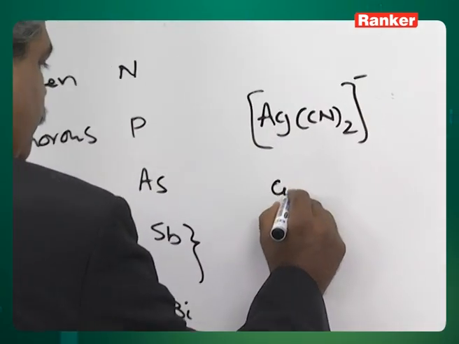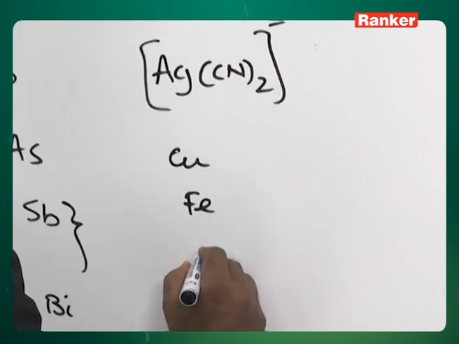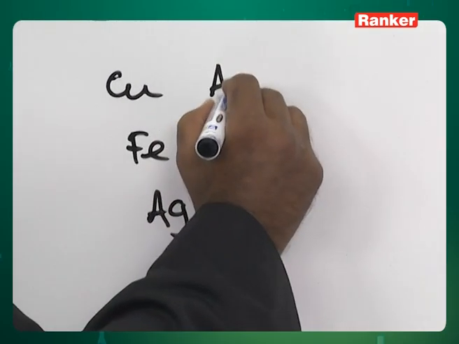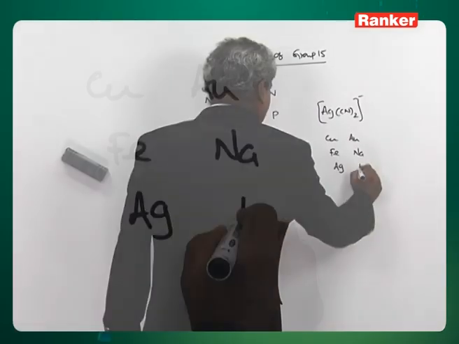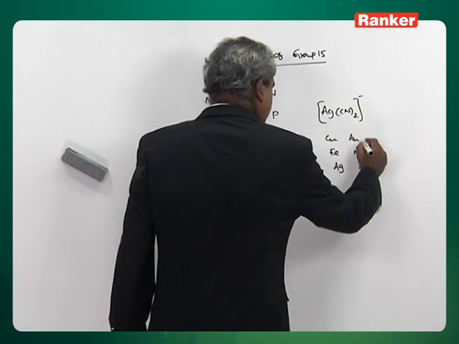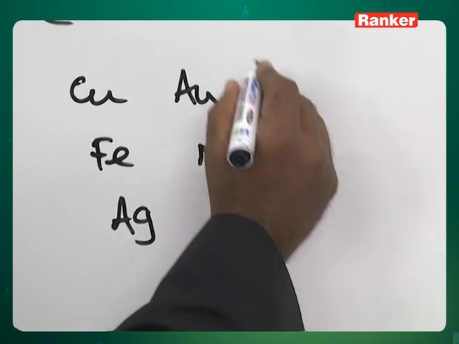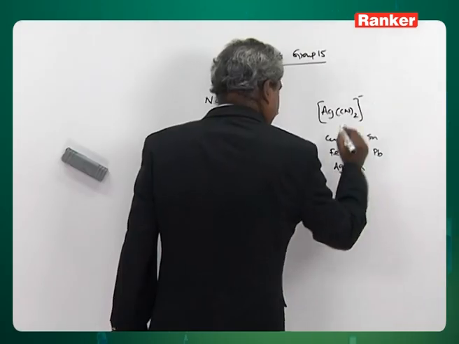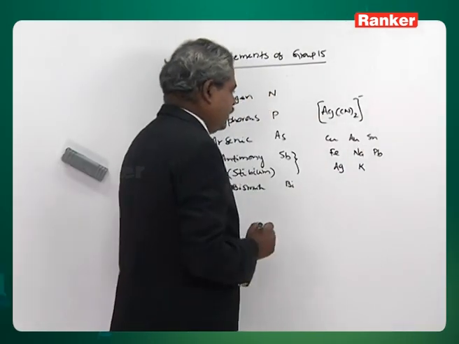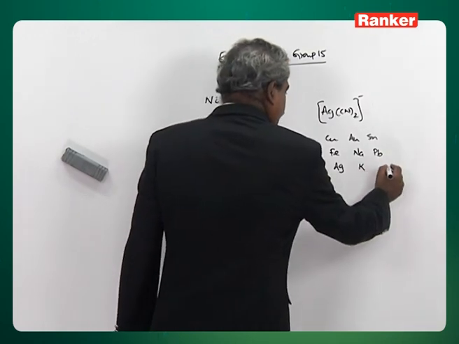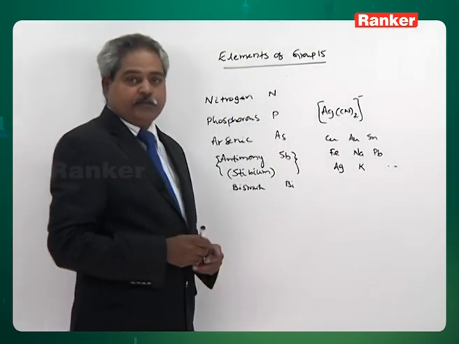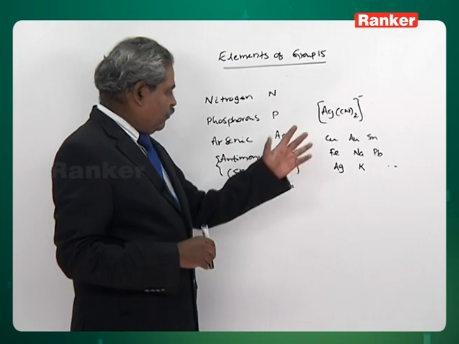Cuprum, ferrum, argentum, aurum, natrium, kalium, stannum for tin, plumbum for lead. Like this, you have 10 or 11 names from Latin and wolfram from German.